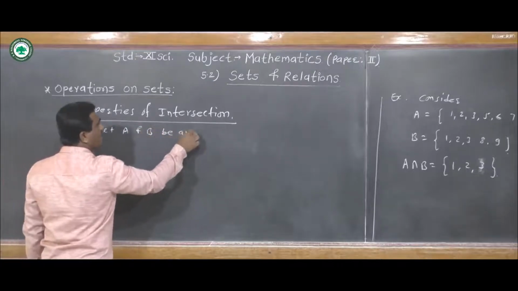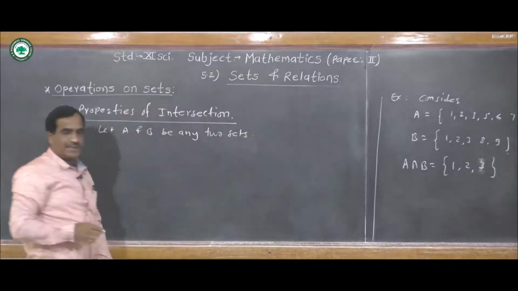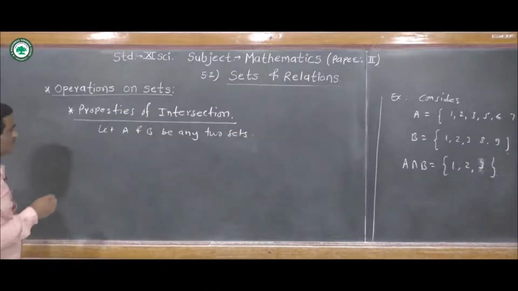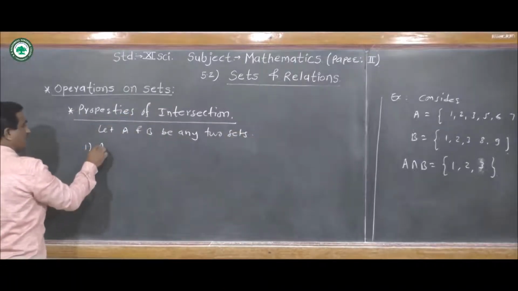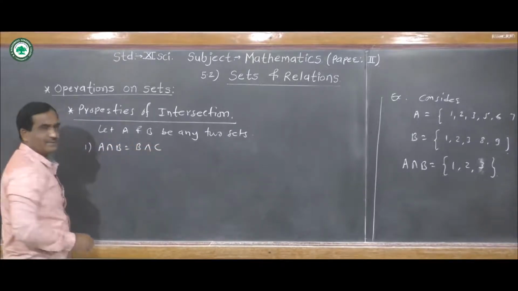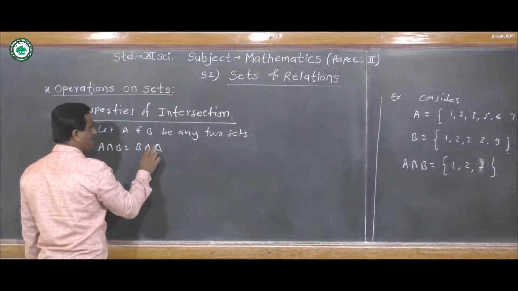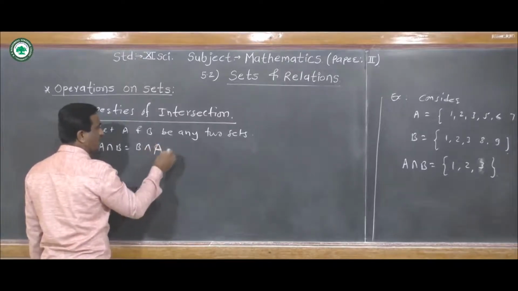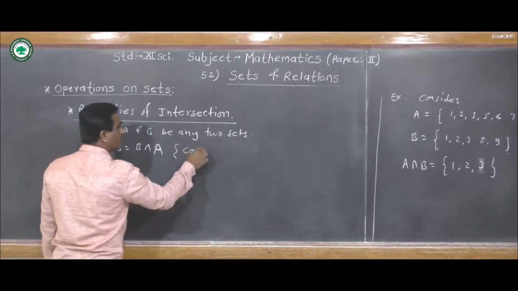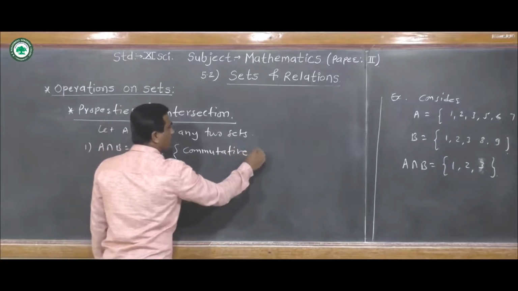Let A and B be any two sets. Then first property is A intersection B is equal to B intersection A, and this is called as commutative property.